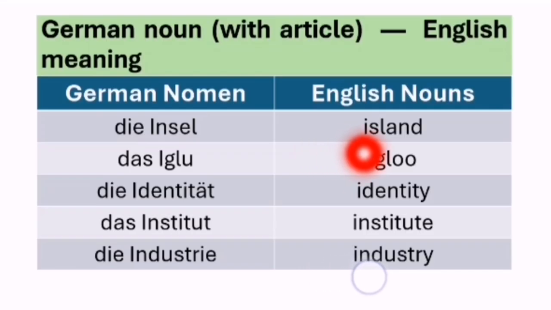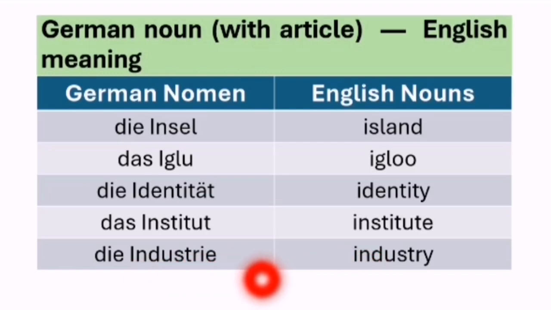Die Insel, island. You can also say Island, with the same spelling in German, but you have to pronounce it in the German way, while in English we say island. Das Igloo, igloo. Die Identität, identity card. Das Institut, institute. Die Industrie, industry.